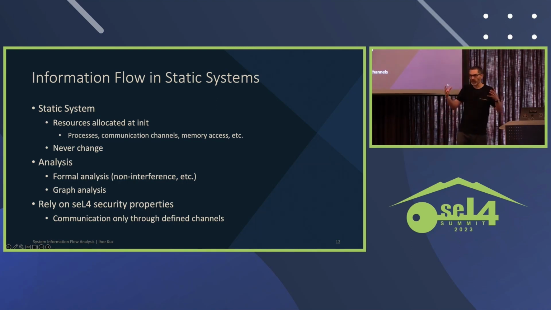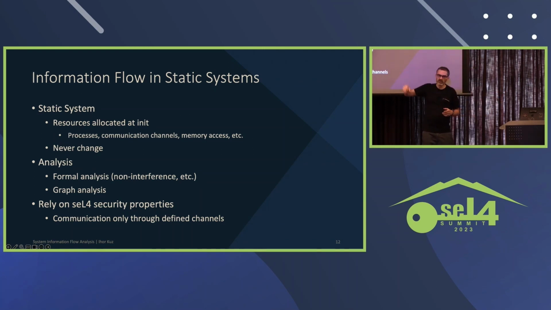So the system is going to have the same structure, the same system architecture, that same graph for the life of the system. When we do analysis of the system, we can do the formal analysis using non-interference and the seL4 confidentiality and integrity results to get a good idea of what the information flow is in these static systems and see whether they fulfill our policy or not.